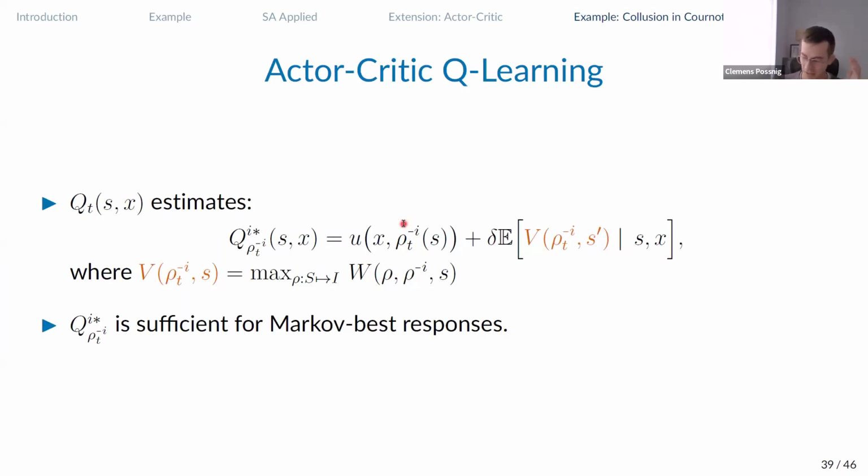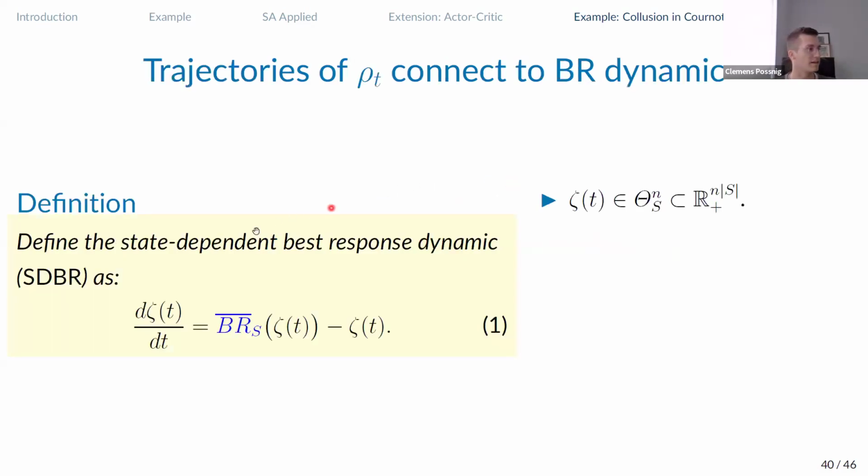Now, we want to apply stochastic approximation again. So the ODE that we can connect to is going to be related to best response dynamics. Basically, what I define as the state-dependent best response dynamic is a best response dynamic that lives in the policy space, not in the stage game action space, where I define this ODE here.